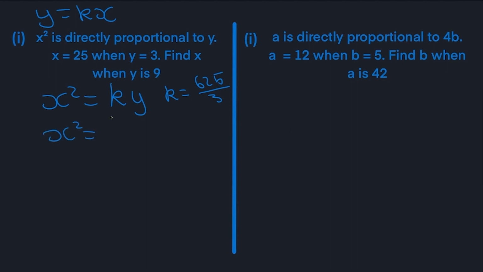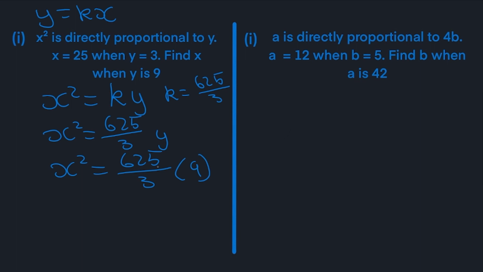X squared is equal to 625 over 3 y. Now it's asking us to find x when y is equal to 9. Well, we know that our y is equal to 9, so we can substitute 9 for y, like so. So 9 is being multiplied by 625 over 3.